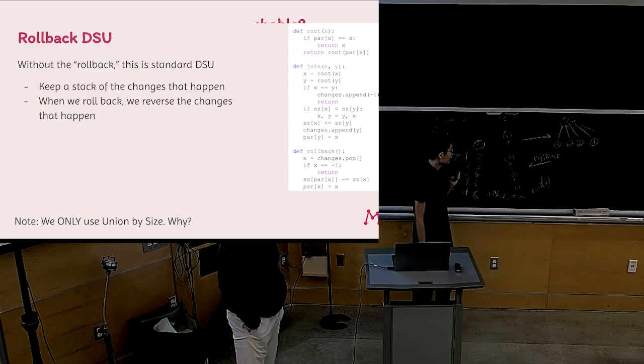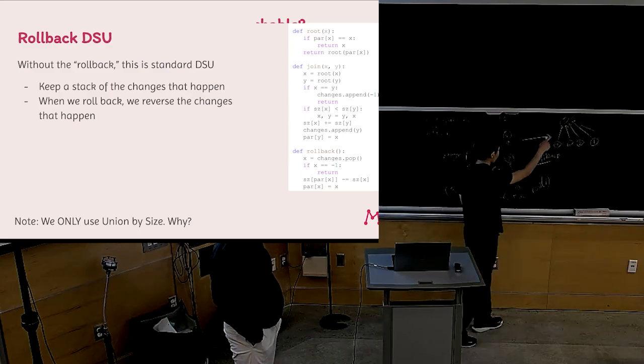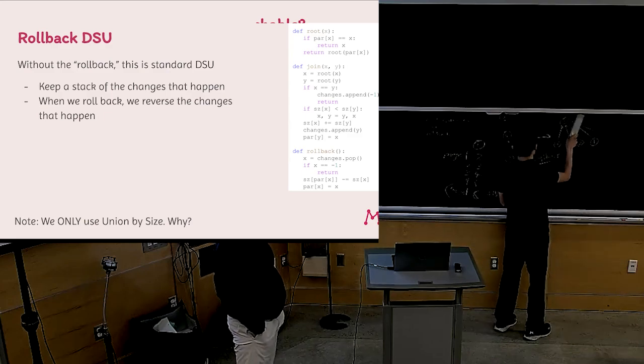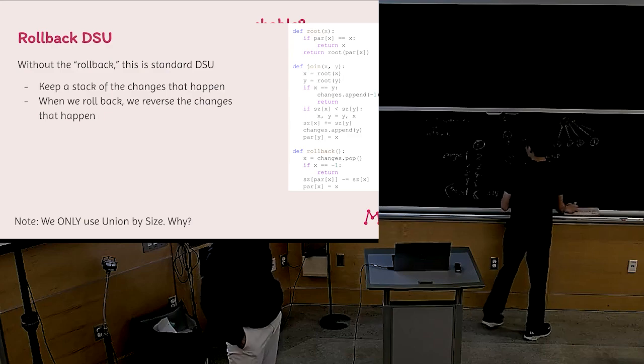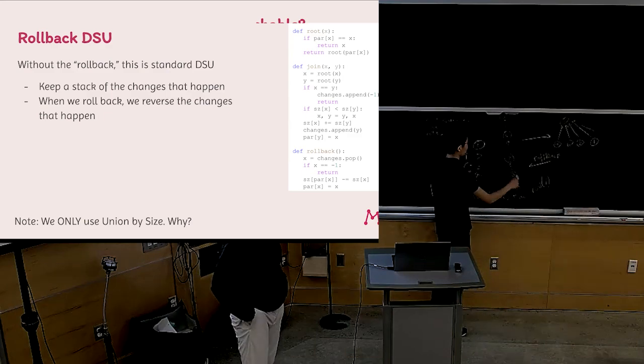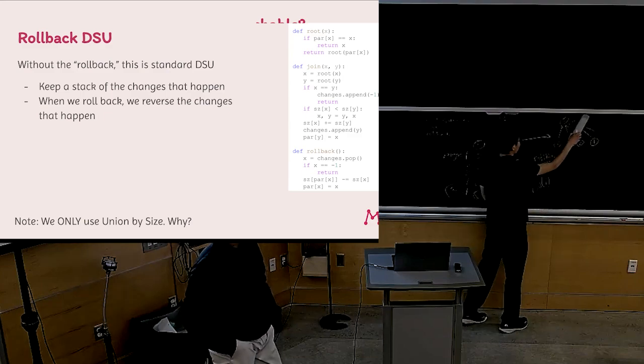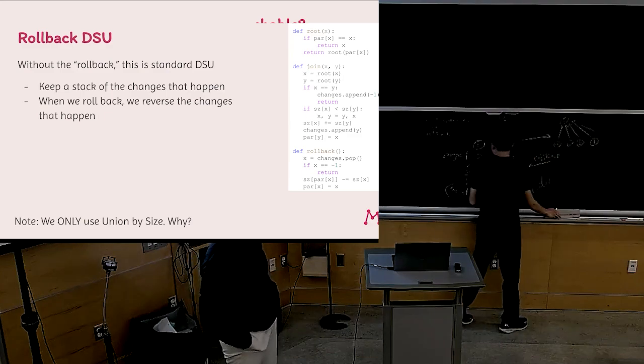Why? Because let's say we didn't roll it back, then how are we going to roll back again? Let's say when we roll back, we don't roll back everything, but we just roll back the last thing.